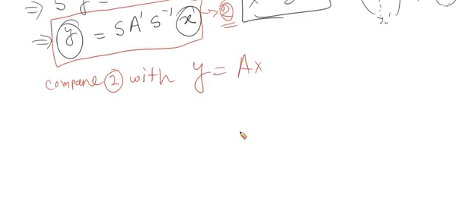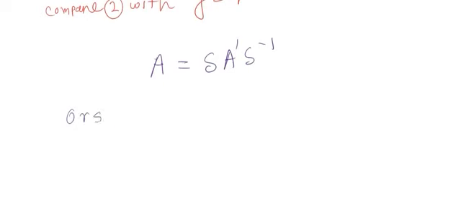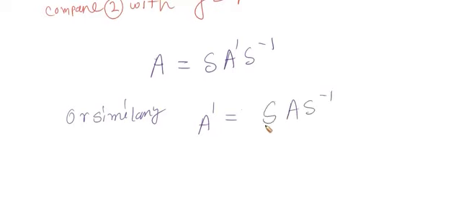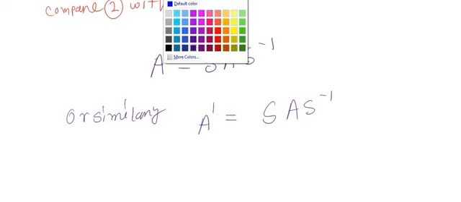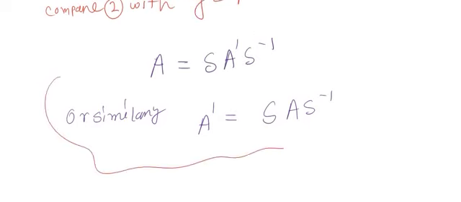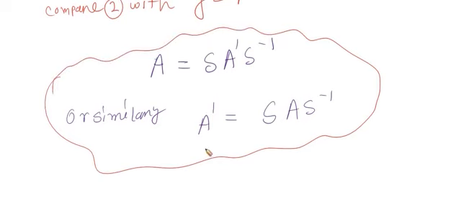If you compare them, you can easily see that we are getting A equals S A prime S inverse 1, or similarly A prime would be S inverse 1 on the right and S on the left for A. So this is what is known as a similarity transformation.